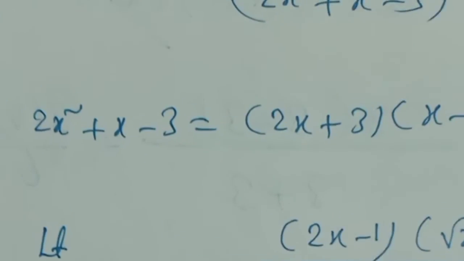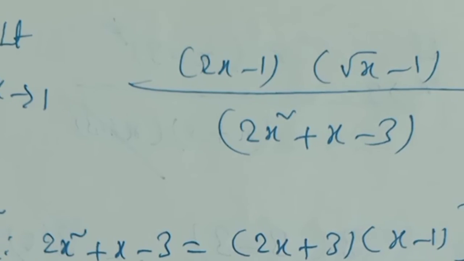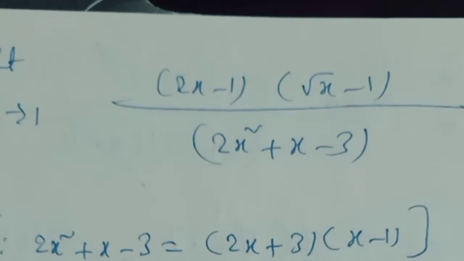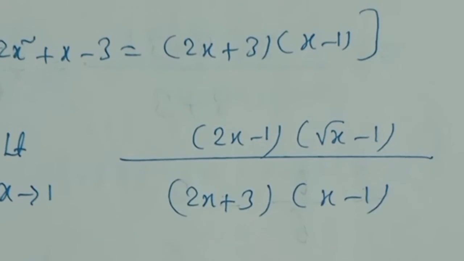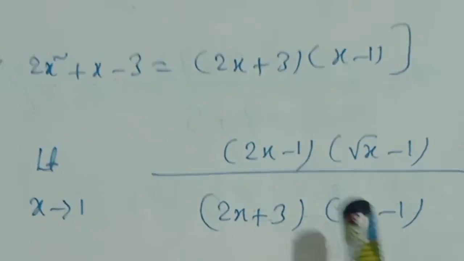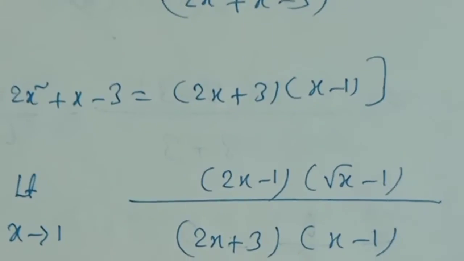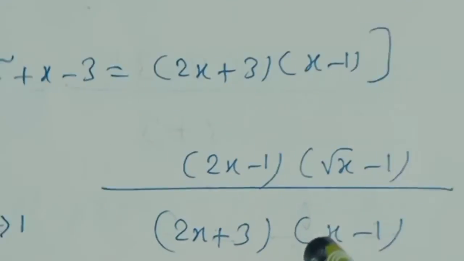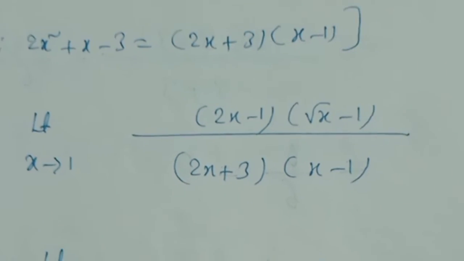Now first find the denominator factors. 2x square plus x minus 3 factors by the factorization method will be 2x plus 3 into x minus 1. Now we write limit x tends to 1, numerator 2x minus 1 into root x minus 1, and denominator factors 2x plus 3 into x minus 1. On observation, is there any common factor? No. Then we write it like this.